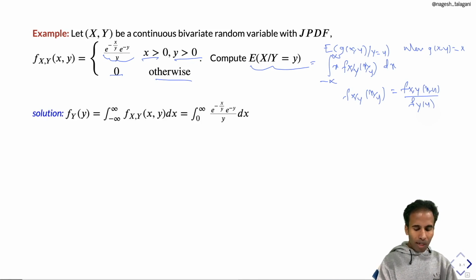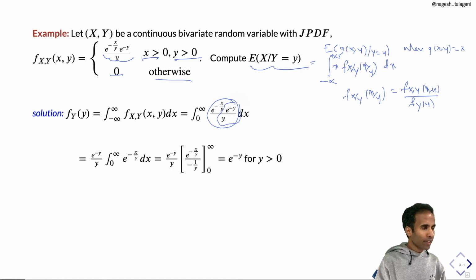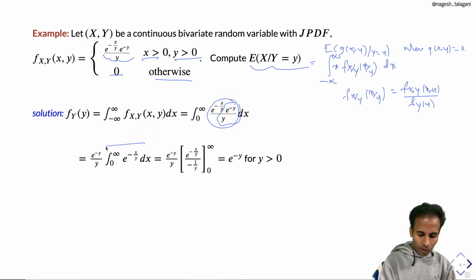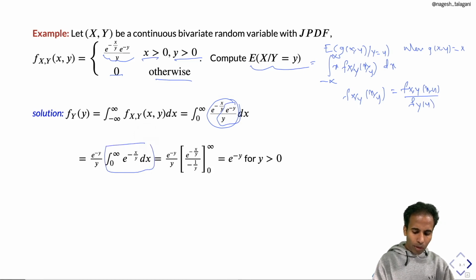So the marginal PDF of Y is obtained by integrating the joint PDF with respect to x, with limits 0 to infinity. As we are integrating with respect to x, e^{-y}/y is kind of a constant, so I can write this out of the integration like this. Now we have to perform this integral. The integral of e^{-x/y} with respect to x is going to be e^{-x/y} divided by minus 1/y.